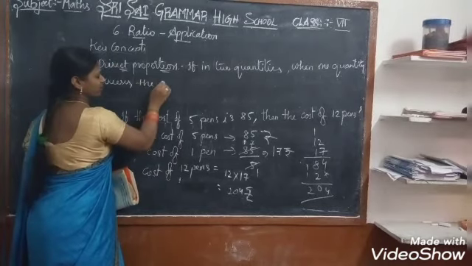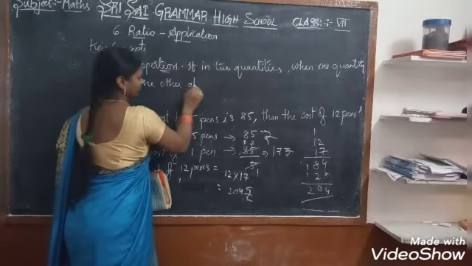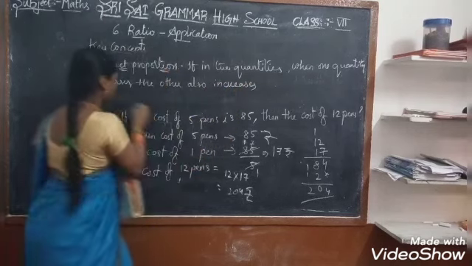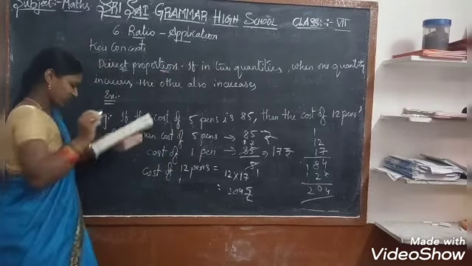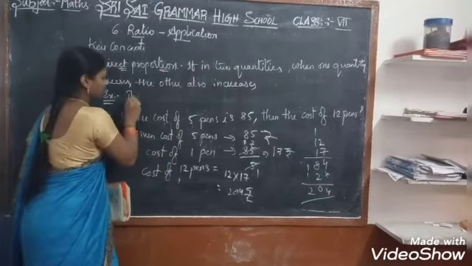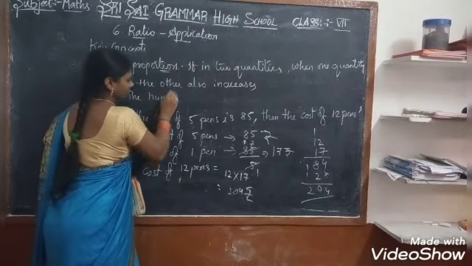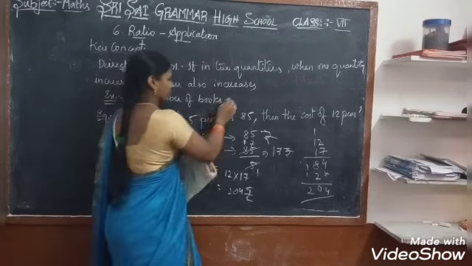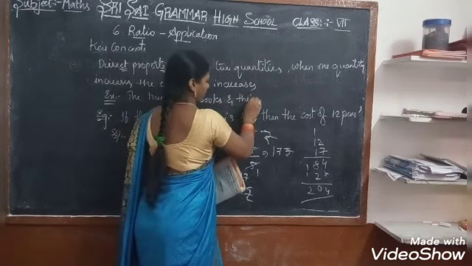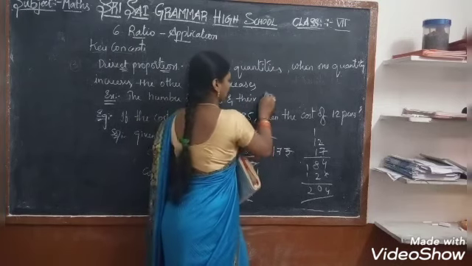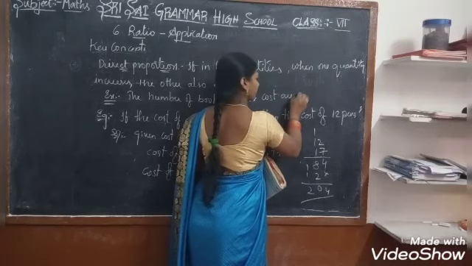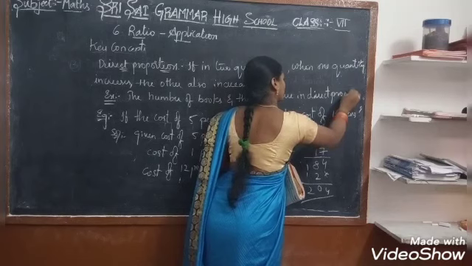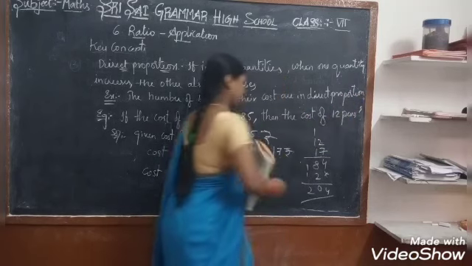For example, the number of books and their cost are in direct proportion.